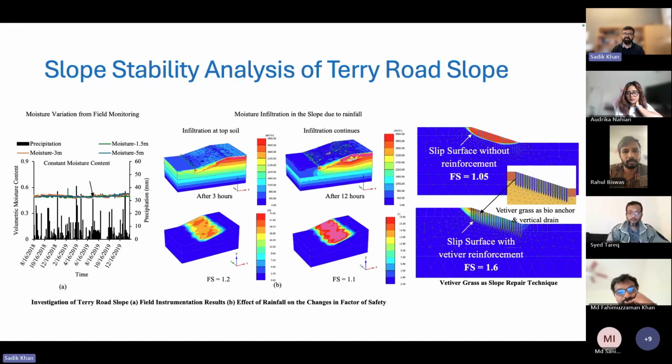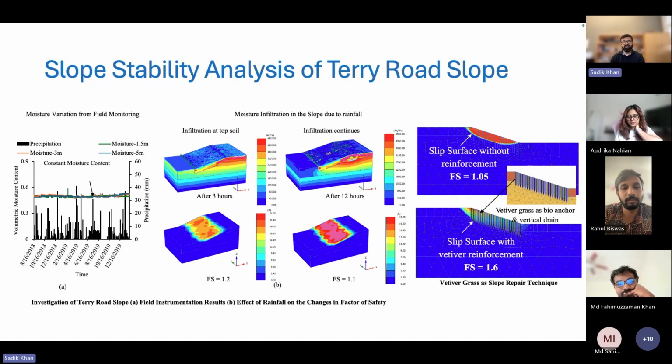In this case, if you plant the vetiver grass, vetiver will first of all increase the shear strength. Then vetiver will try to hold the slope in place because of the bio anchor action. And vetiver will also drain out the moisture when the water goes through the crack.